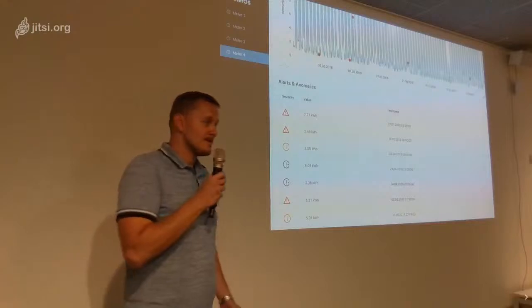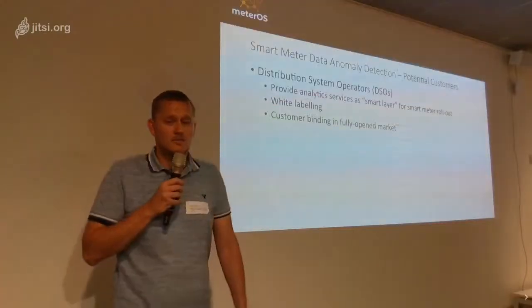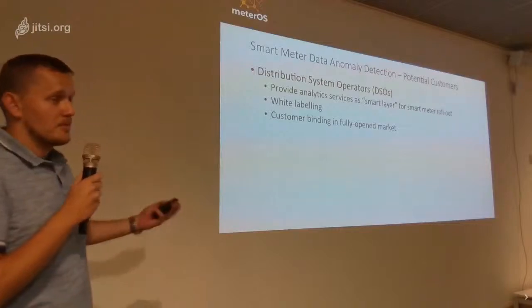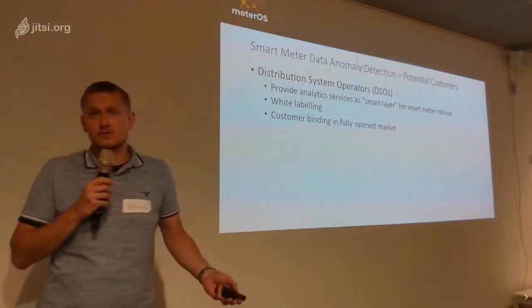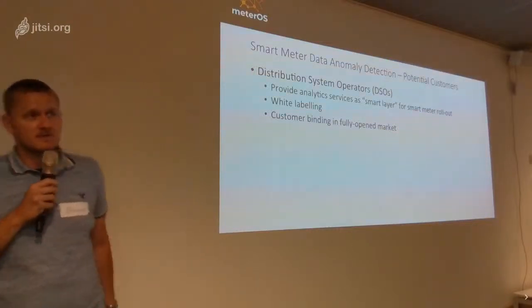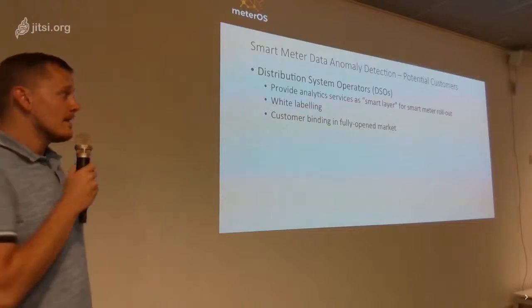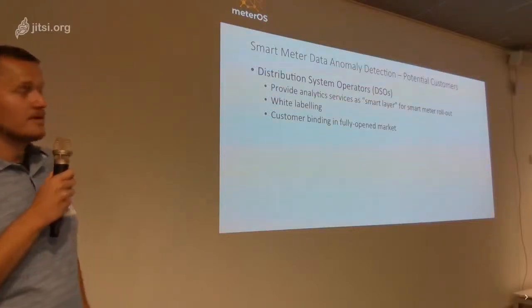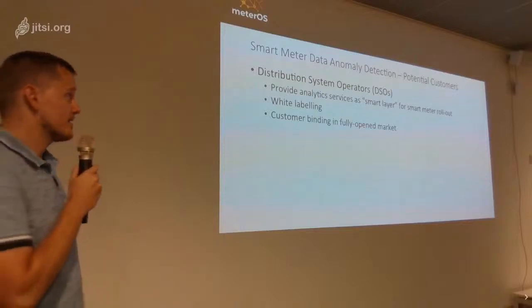Cool, and then last but not least, we also got our head around what we can actually do with this thing we did. So we thought about potential customers. We identified two groups. One would be the DSOs, distribution grid operators. They could provide a smart data analysis service or a smart layer to the end customers.